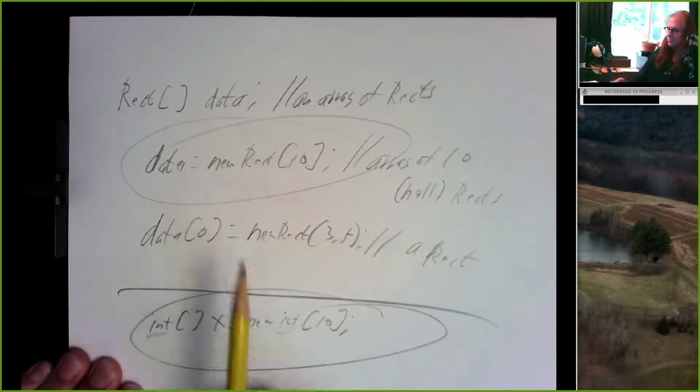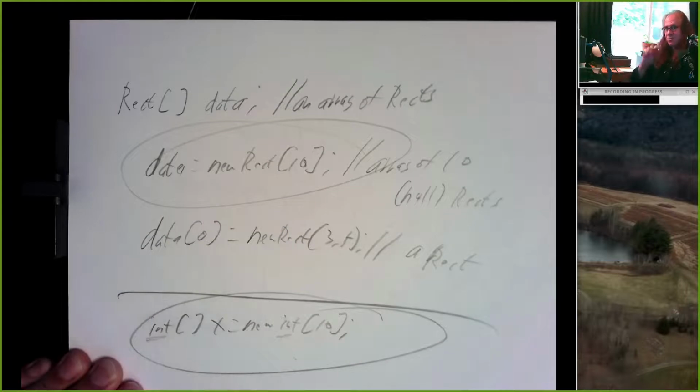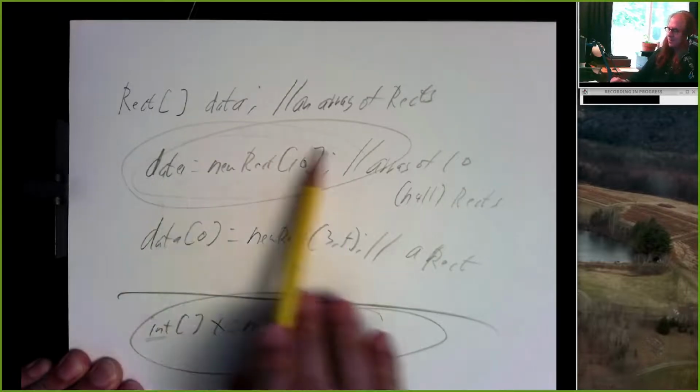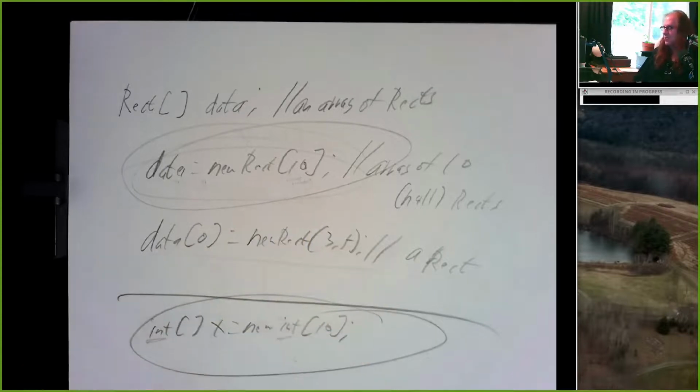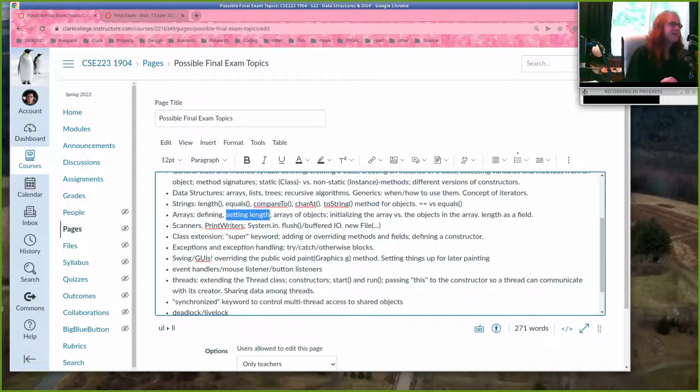When I construct an array of objects, I have to do two things. First, I have to actually make the array itself, and then I have to construct each of the things in those arrays. So that's that slightly weird two-step piece to creating an array of objects. So this is initializing the array versus initializing the objects in the array.